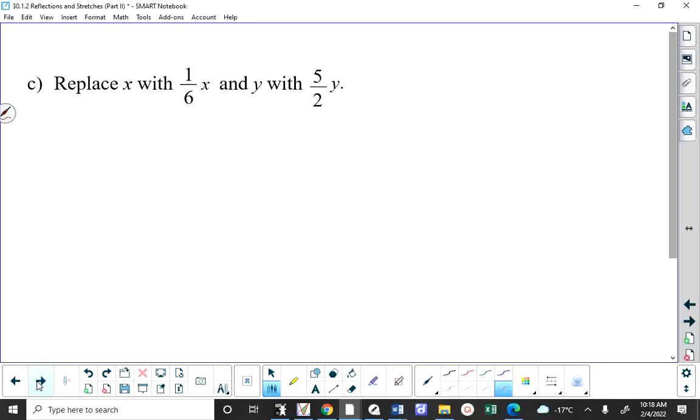Replace X with 1/6 X, Y with 5/2 Y. Do you have this question? You do, okay.